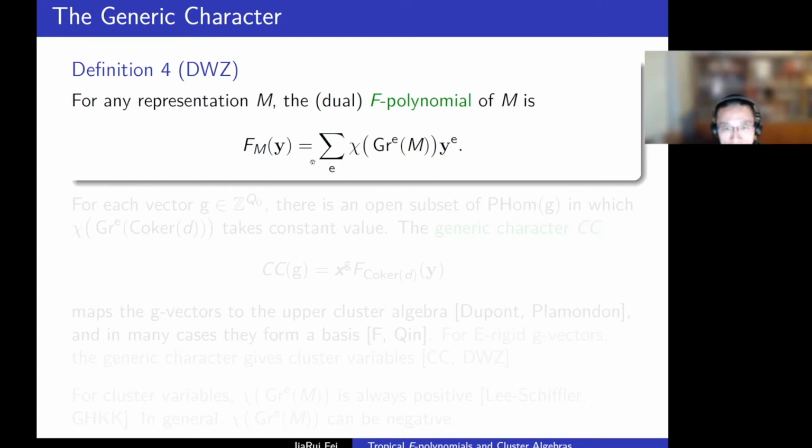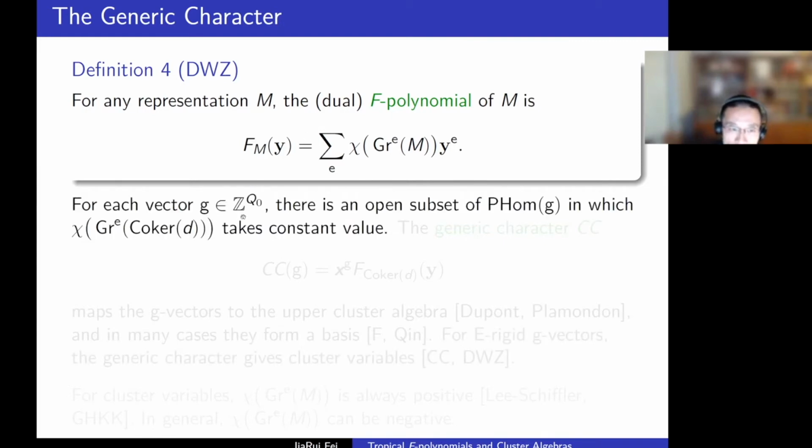I take a representation M, then this Gr_e(M) means the variety parametrizing quotient representations of dimension e. So this is a projective variety. Then we take the topological Euler characteristic and take the generating function. This is the F-polynomial.